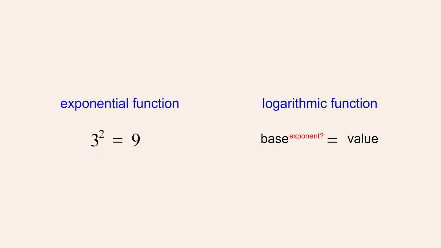On the other hand, with the logarithmic function, if the base is 3, and the value of 3 with the unknown exponent is 9, the value of 3's exponent must be determined. We could determine the value of that exponent by trying different exponents until we find one that produces a result of 9. In this example, the exponent's value would be 2, since 3 squared is 9.